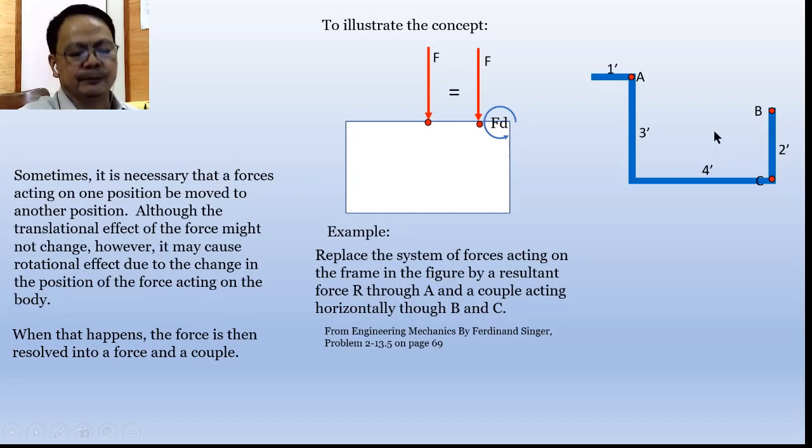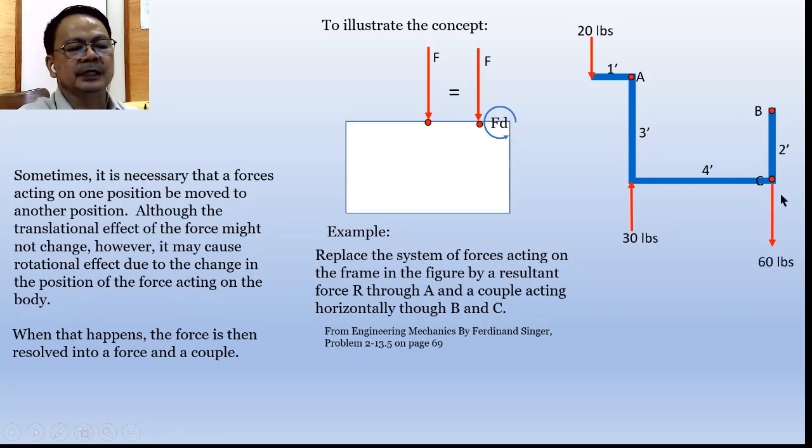This bar is subjected to the following external forces: 20 pounds to the left of A, another force acting here having a magnitude of 30 pounds, and another force acting here having a magnitude of 60 pounds directed downward.